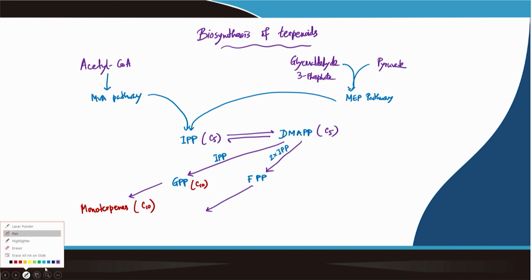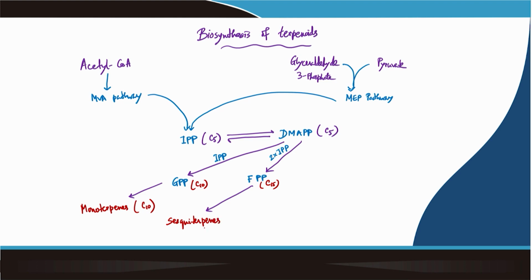This is C15. So, sesquiterpenes are also C15. These are C15 compounds.